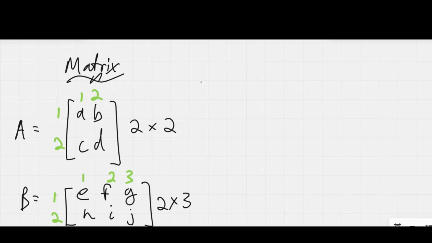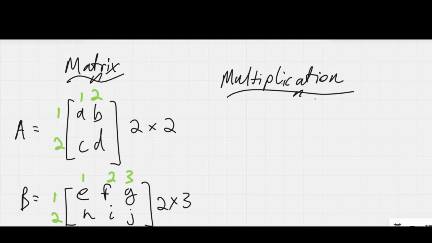So what's the idea behind multiplying these matrices, right? We might introduce the idea of multiplication of matrices. And so the idea is that we might have A times B, and that could be any matrix C. And this is possible for us as long as the number of columns in matrix A is equivalent to the number of rows in matrix B. So let me highlight that actually.